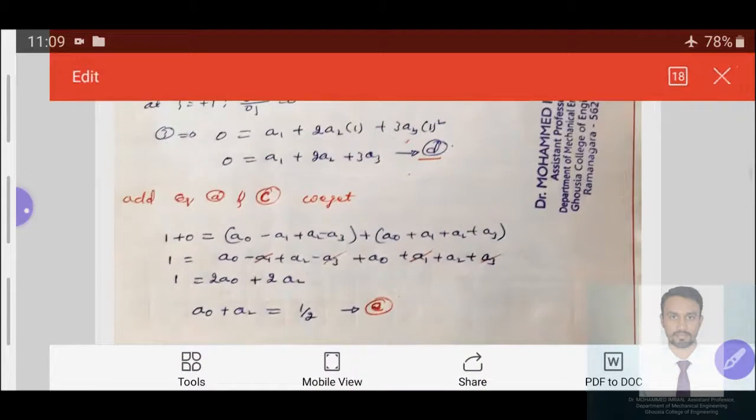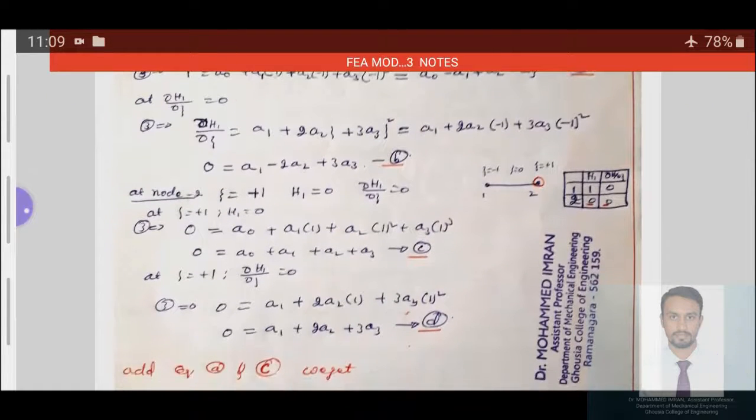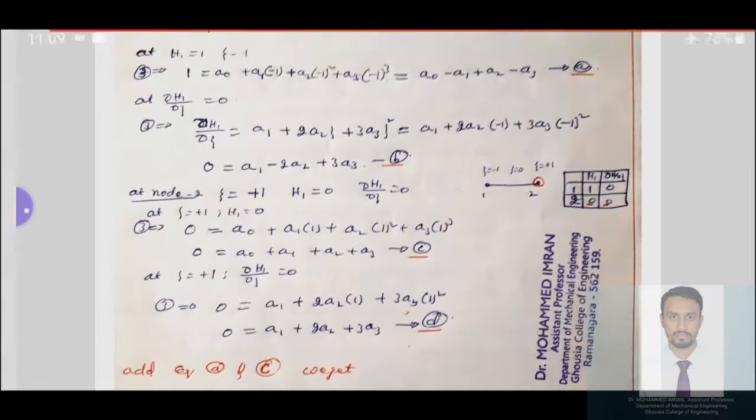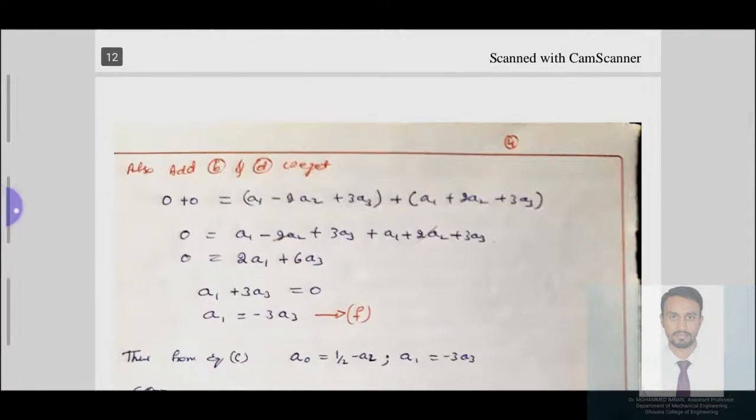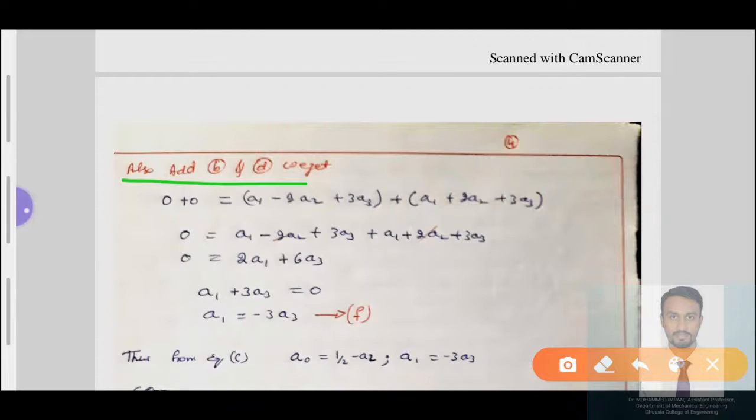On the left hand side both values are 0. Adding equations B and D, we get 0 plus 0 on the left hand side equal to a1 minus 2a2 plus 3a3 plus a1 plus 2a2 plus 3a3. This one is equation number D and this one is equation number B. I just copied them, then rearranged the equation and removed the brackets.